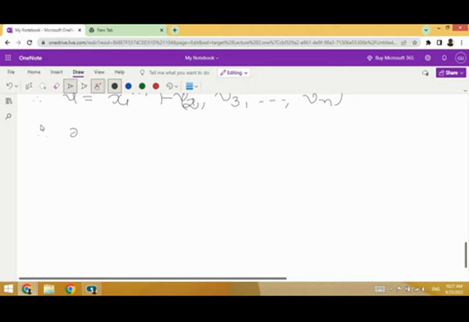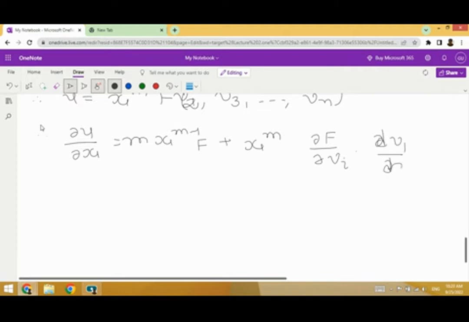So del u by del x1 is equal to, first of all, the derivative of x1 raised to m, that is m x1 raised to m minus 1 into f as it is, plus x1 raised to m as it is and the derivative of f with respect to vi and derivative of vi with respect to x1.